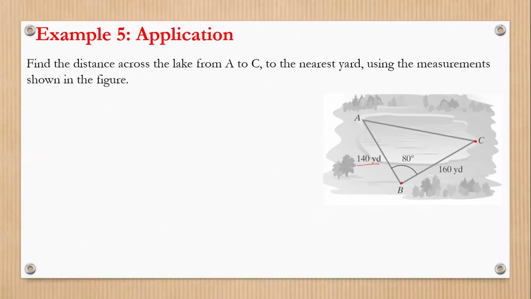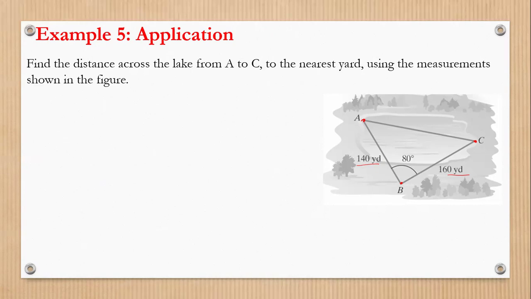And now we want to find the distance across the lake from point A to point C. Since it created a triangle with two sides and one angle in between, the only option I have to find the third side is using the law of cosine.